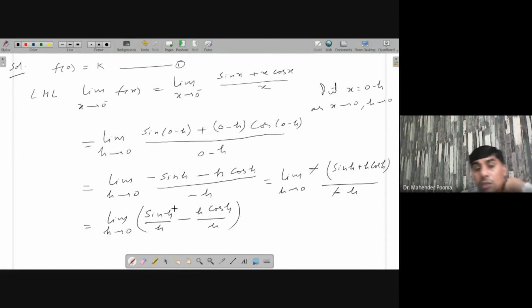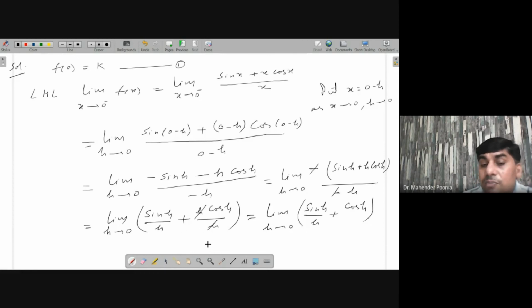So limit h tends to 0 of sin h plus h cos h divided by h. We have to separate the numerator and denominator: sin h divided by h plus h cos h divided by h is equal to limit h tends to 0 of sin h divided by h plus cos h, because this h is cancelled with this h.